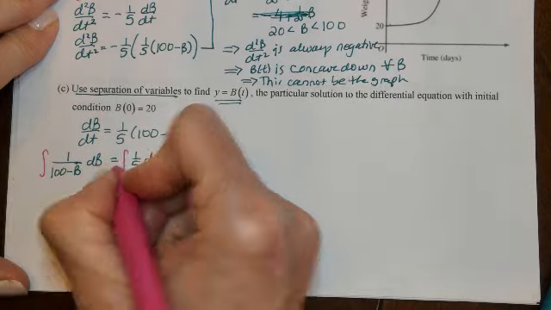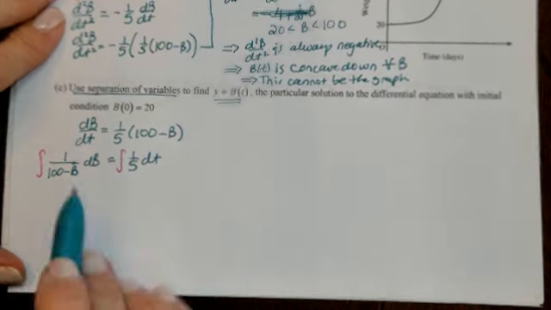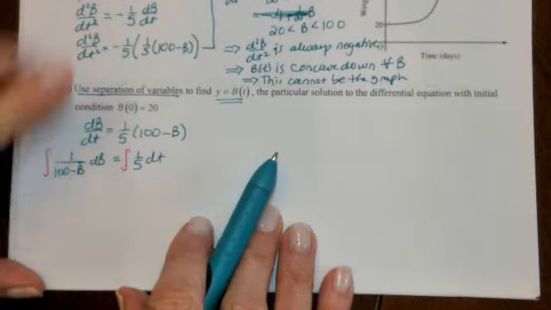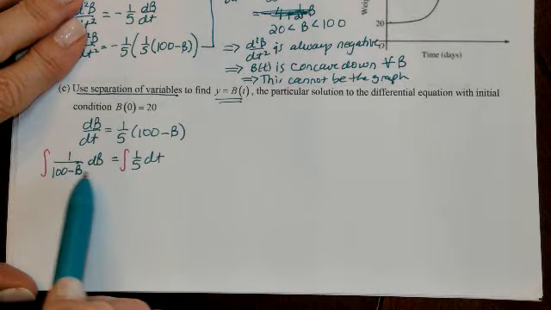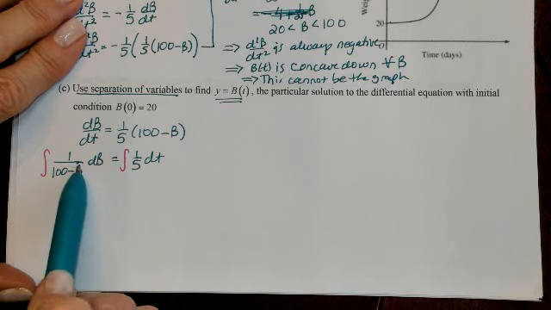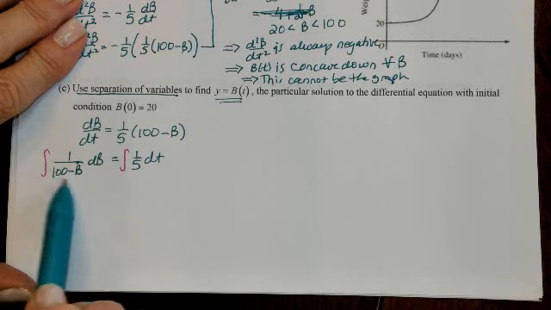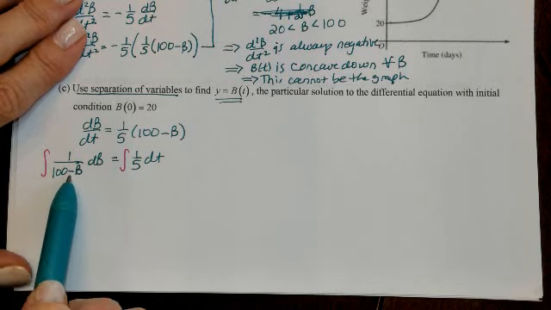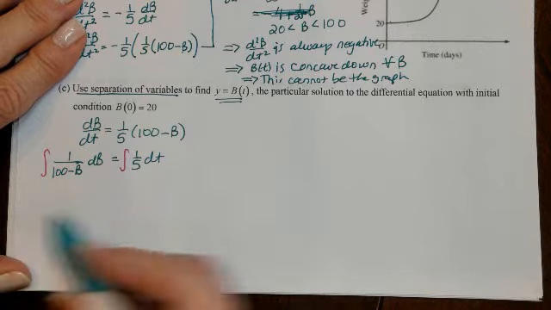And now I am integrating both sides. All right, the integral over here. Well, the integral of this side, this is a natural log because the derivative though is going to, if I let u be the bottom, du would be a -1, right? So I need to undo that negative, right?